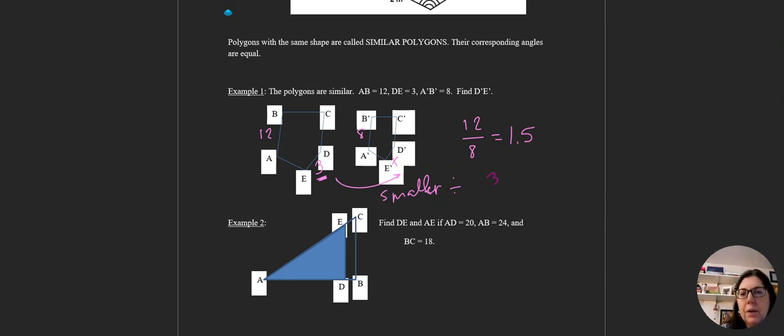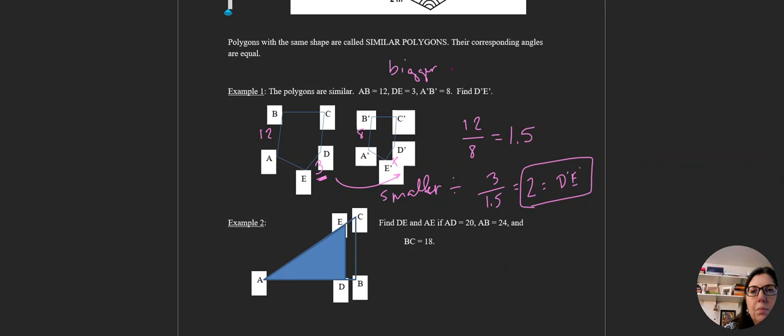So we're going to take 3 and divide it by 1.5. 3 divided by 1.5 is 2. So the side that we're looking for, the other DE, is 2 units, whatever those units happen to be. So if we're going to the smaller shape, you divide. If we're going to the bigger shape, we multiply.